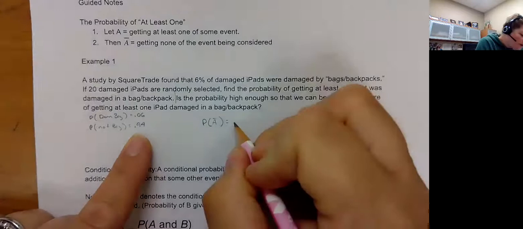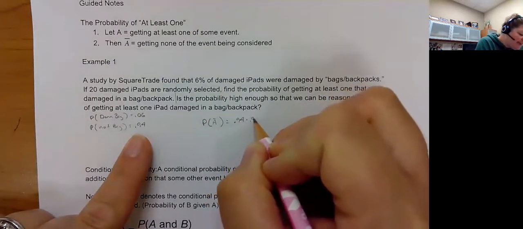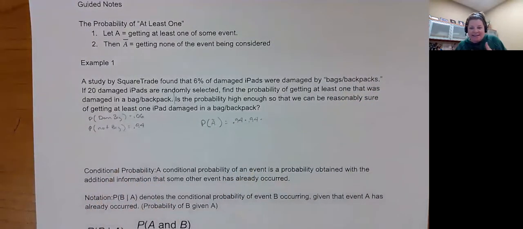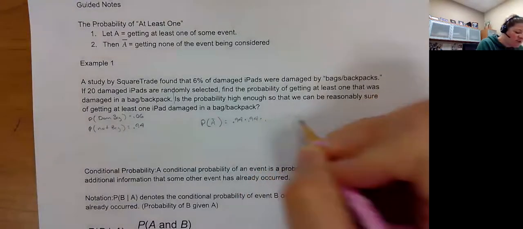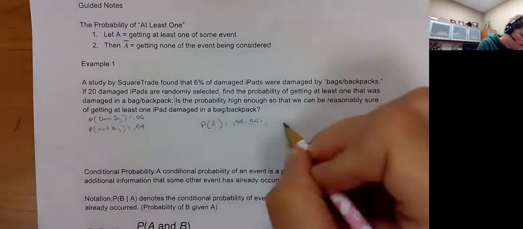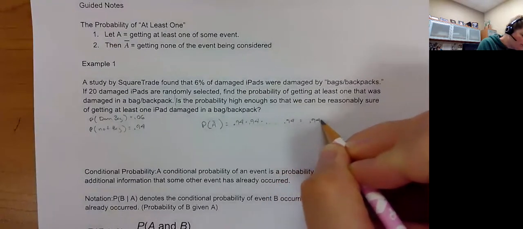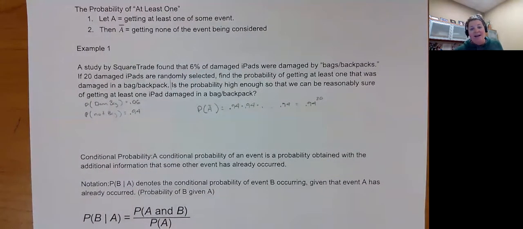So we would have 0.94 for the first one, and then we'd have to times it by 0.94 for the second, and the next, and the next, and the next. This would keep going until you've gotten to that 20th one, right? So we would say this is 0.94 to the 20th power. However many I had, the probability for each one is 0.94.